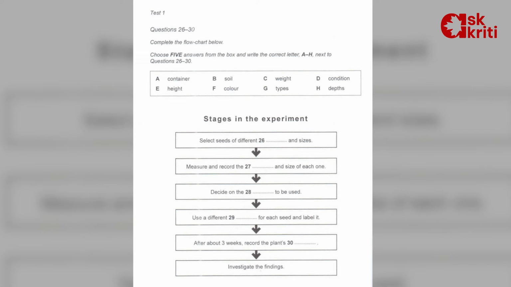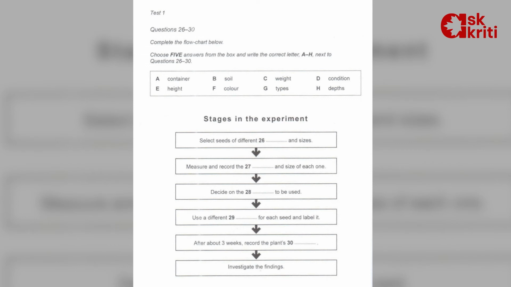OK, so then we get planting. Do you think we can plant several seeds together in the same plant pot? No, I think we need a different one for each seed. Right. And we'll need to label them. We can use different coloured labels. Then we wait for the seeds to germinate. I reckon that'll be about 3 weeks, depending on what the weather's like.